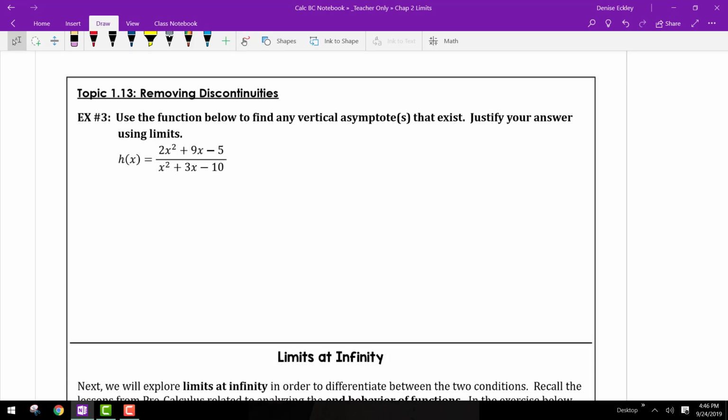Okay, so let's simplify our rational expression. So we can turn h of x into, both of these factor, 2x minus 1 times x plus 5, and the denominator factors into x plus 5 times x minus 2.